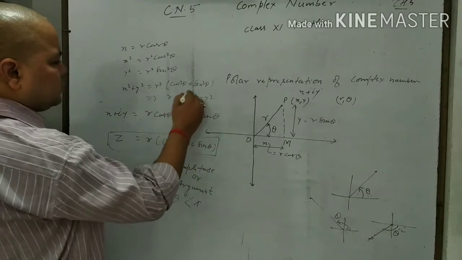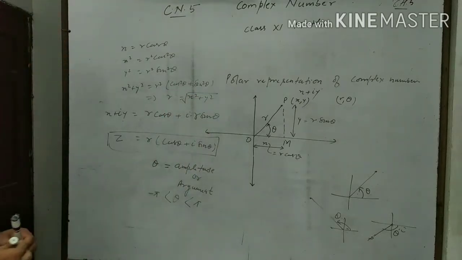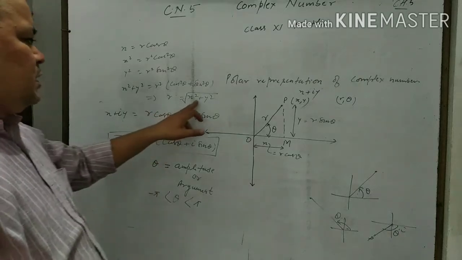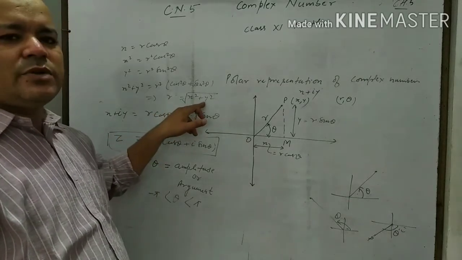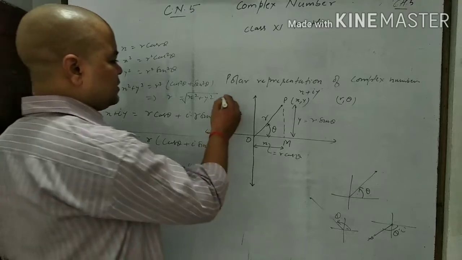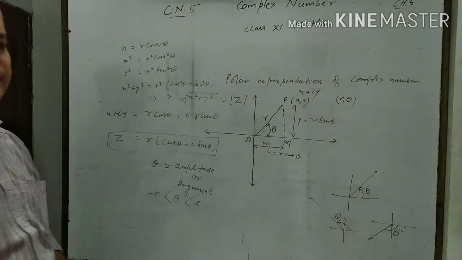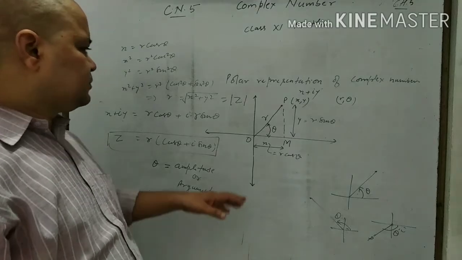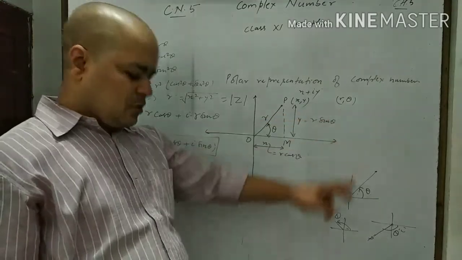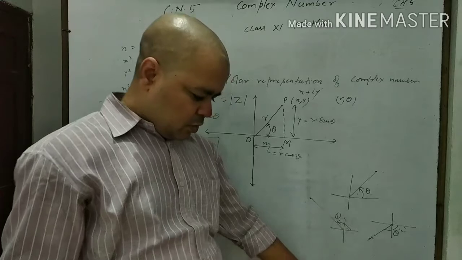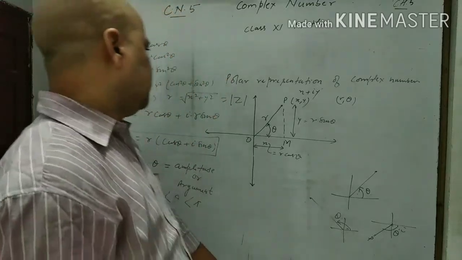Then r is equal to under root x square plus y square. And what is this? Under root x square plus y square, that is modulus z. Okay, so this is called r, and r, theta is called the polar coordinate of the point P.